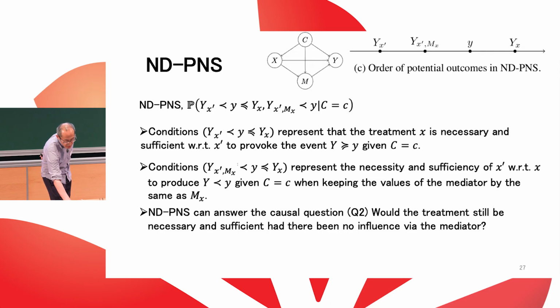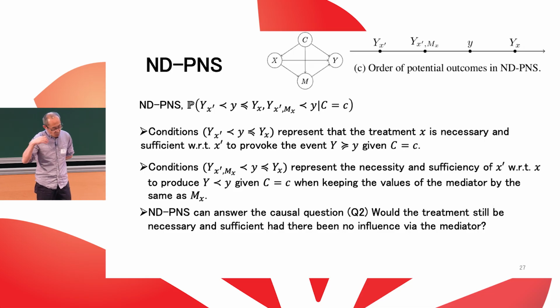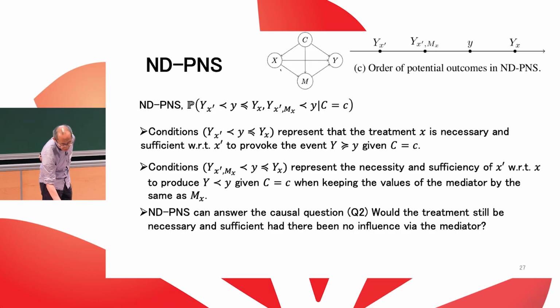This one is essentially saying if you change x from x to x prime, but you keep m at the same value as when x is actually set to x prime. If you set x to be x, the outcome is larger than the threshold, but if you set x to be x prime, with m kept at the original natural value, the outcome would be less than y. So two counterfactual statements.